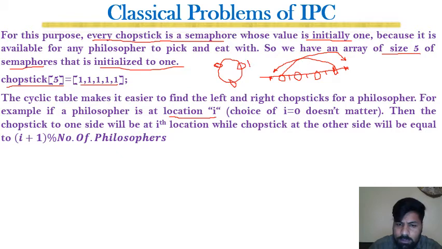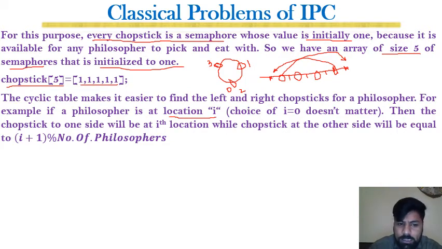For example, this is 1, this is 2, and this becomes 3. It is possible that we call them 0, 1 and 2. So the choice of the initial philosopher for allotting number 1 doesn't matter.